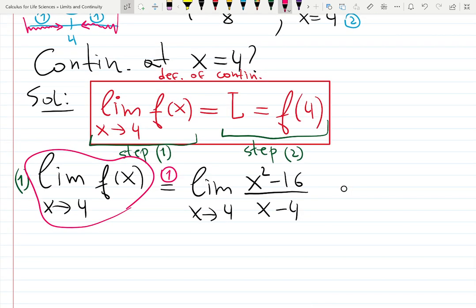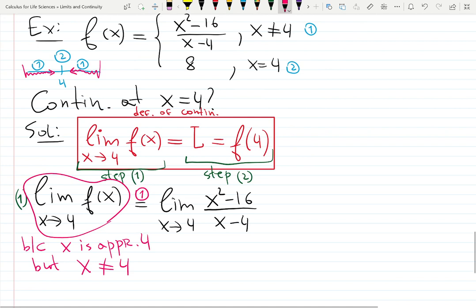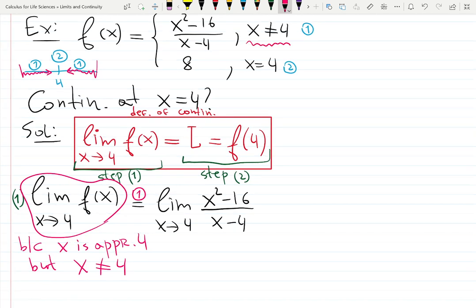If you want to have good notes, we can write down because x is approaching 4, but x is not 4. And since x is not 4, that is equation number 1. Let me put it in blue. Does it make sense?